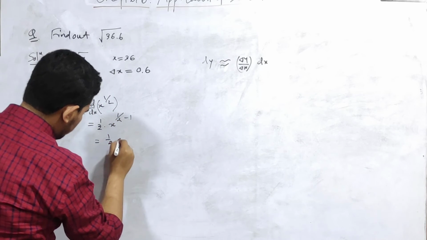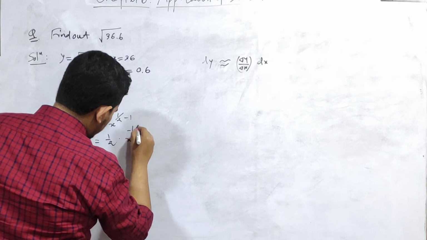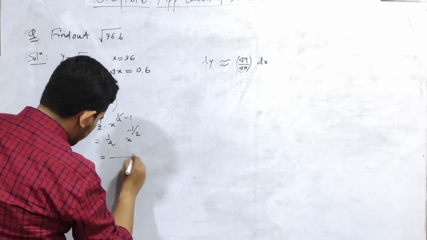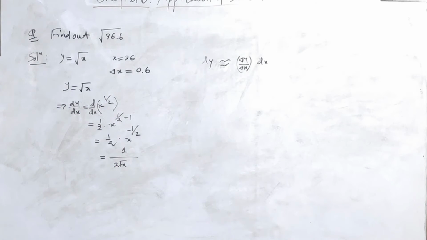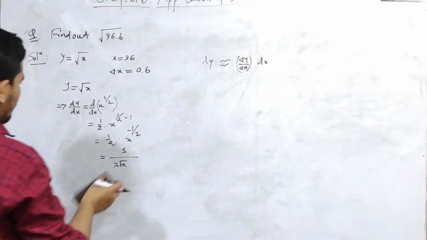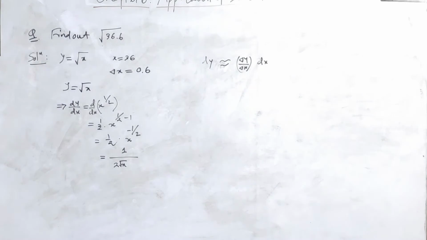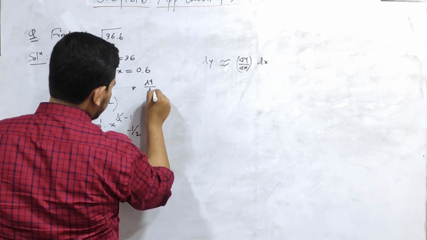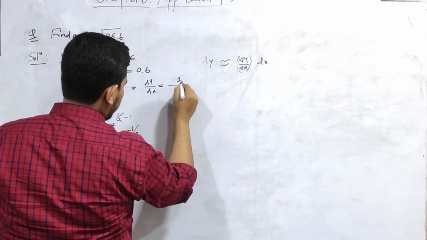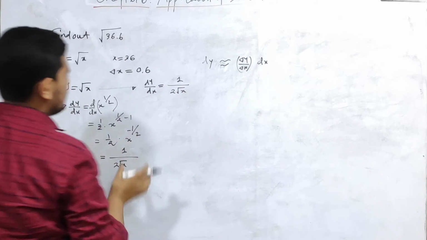So 1 by 2 root over x will be the differentiation of this function. So directly I can write this is the slope.